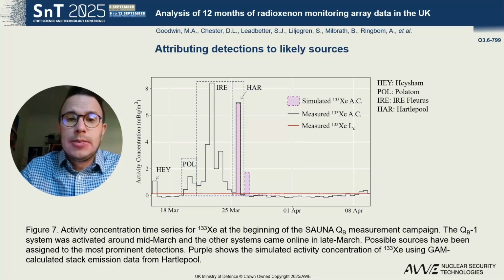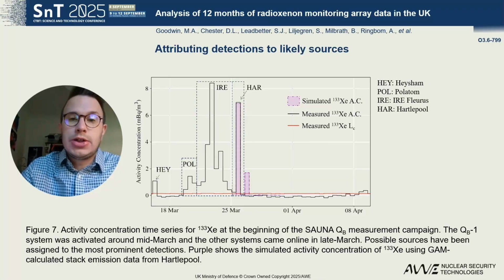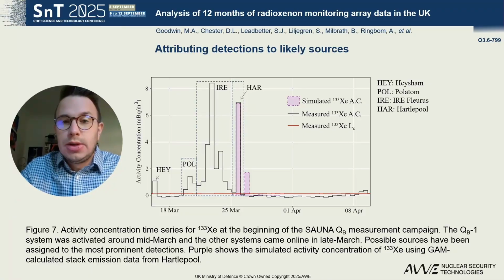And this system, the measurement agrees incredibly well with the ATM and STACS-led prediction. So you can see the purple is showing the simulated activity concentration, which matches incredibly well with our one measurement. This was our one and only positively attributed detection to Hartlepool throughout the whole year that we were sampling in the UK.